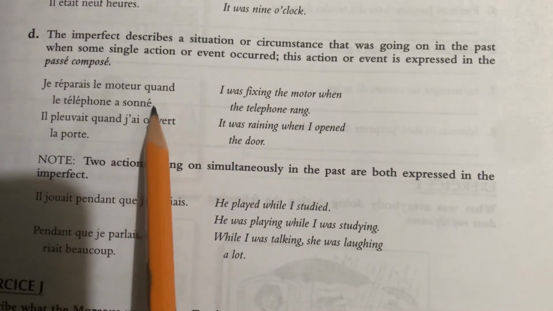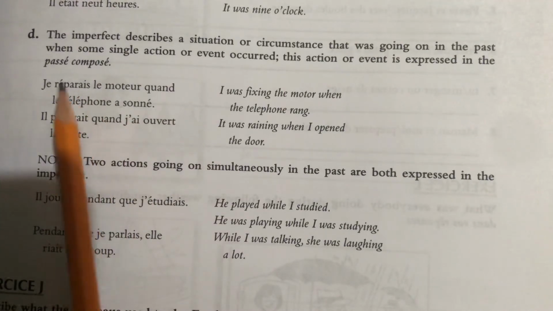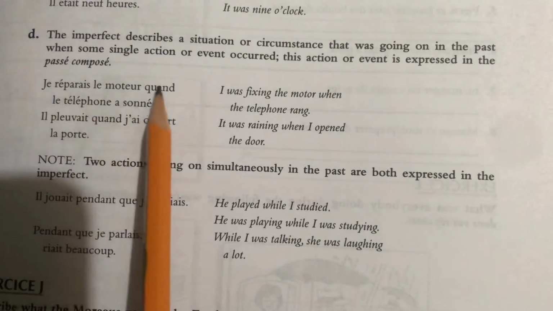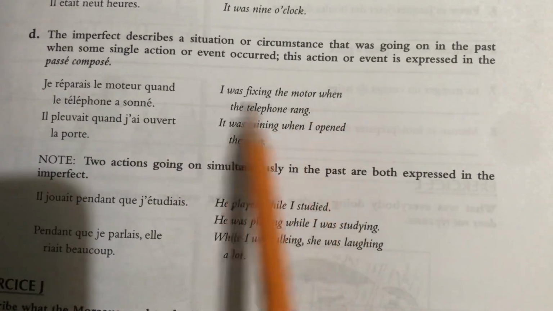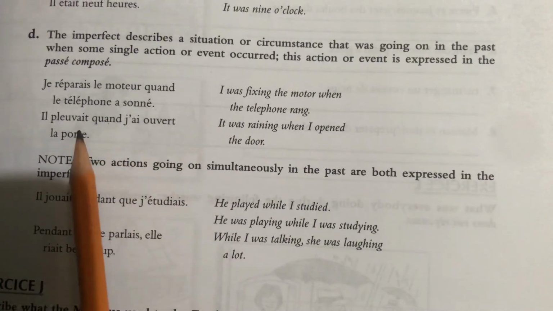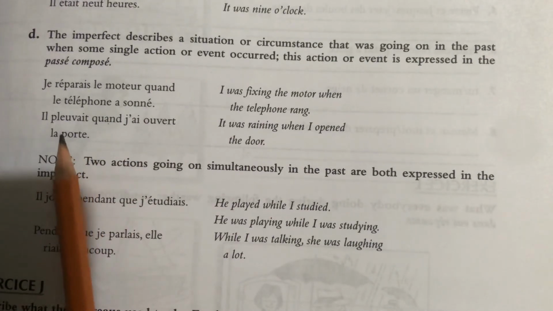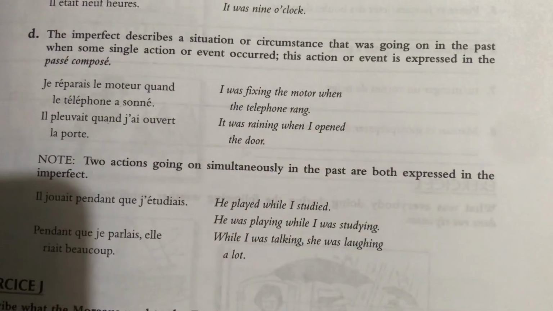So notice the passé composé right here, two-part verb. Réparer, one-part verb. So this was happening and then this happened. So I was fixing the motor when the telephone rang. Next example, il pleuvait quand j'ai ouvert, passé composé, la porte. It was raining when I opened the door.